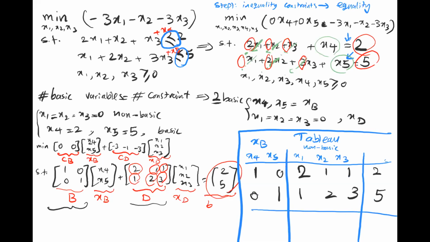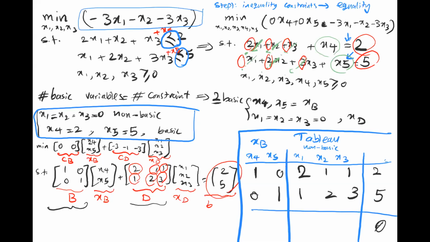The value of our objective function at this point is 0. So when we choose negative 0, it is again 0. What's the reason for this? Because if you insert these initial values in the objective function, it's going to be 0. What's our objective? It's a combination of x1, x2, x3, and now all of them are 0. So the objective function's value is also 0.